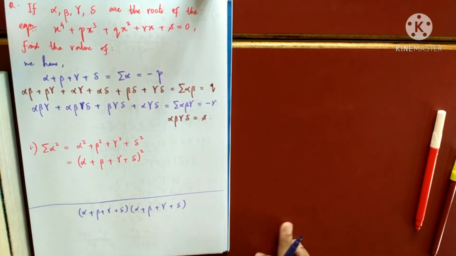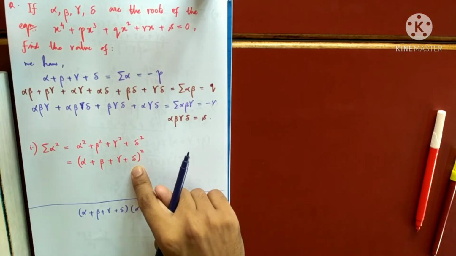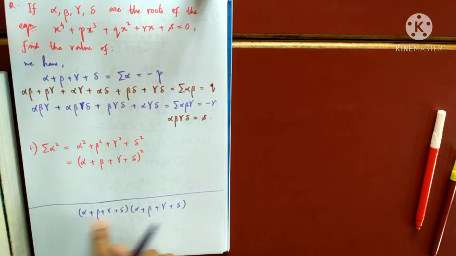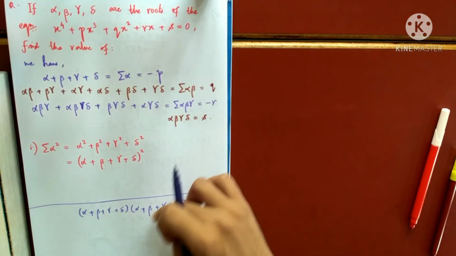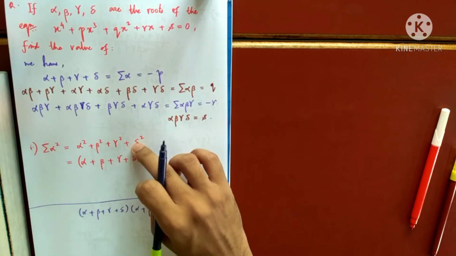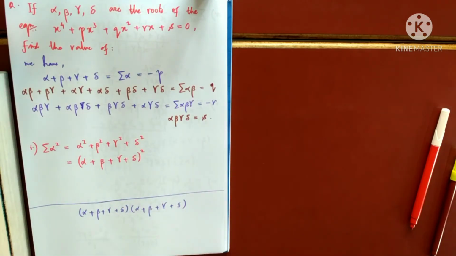So basically you see what is happening. This is the meaning of alpha plus beta plus gamma plus delta whole square. That means this into this, same thing. This will give me 16 terms, 4 4s are 16, out of which I only need 4 terms, and the rest are all extra.